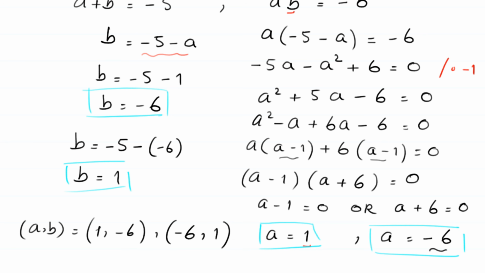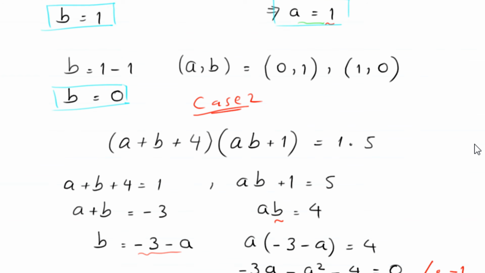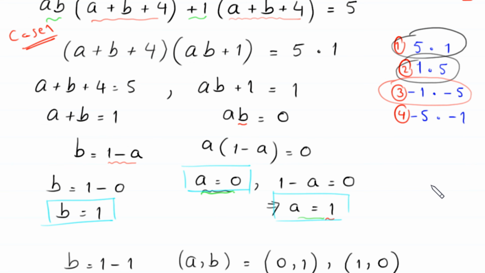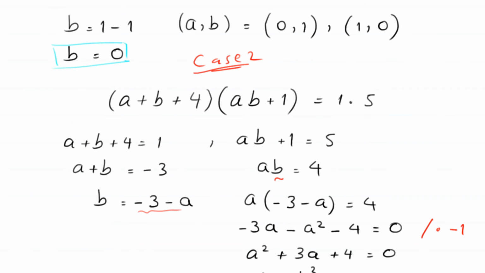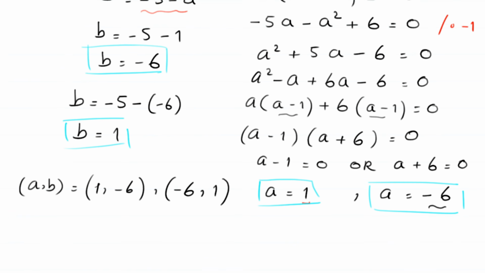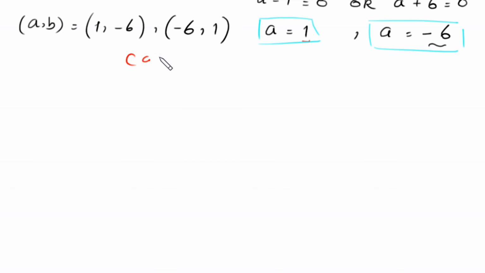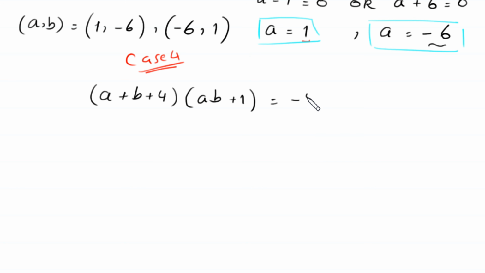We solve case 4. In case 4, we write a plus b plus 4 times ab plus 1 equal to negative 5 times negative 1.